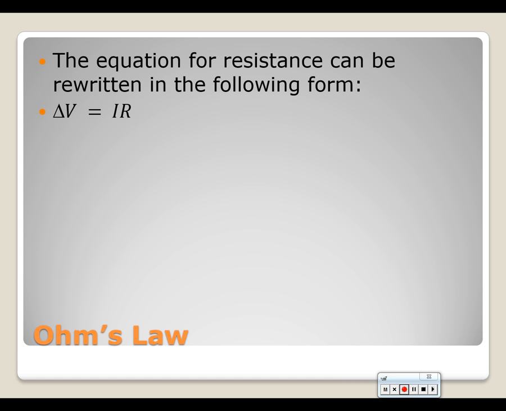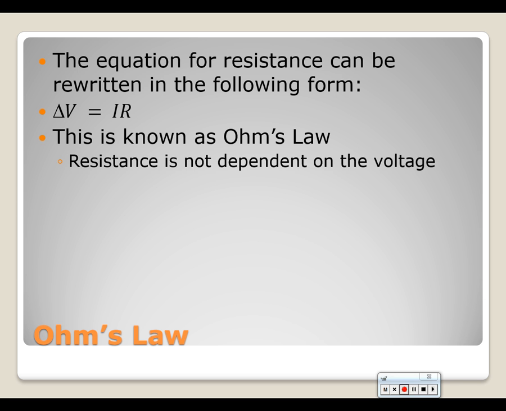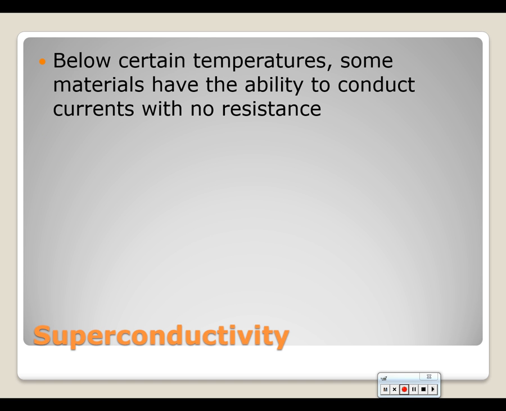Somebody in the previous class made a statement: so does that mean every object has resistance, some just have more resistance than others? And the answer to that question is yes, that's a pretty true statement. But there are some materials that we can effectively make have no resistance. And we refer to those as superconductors.